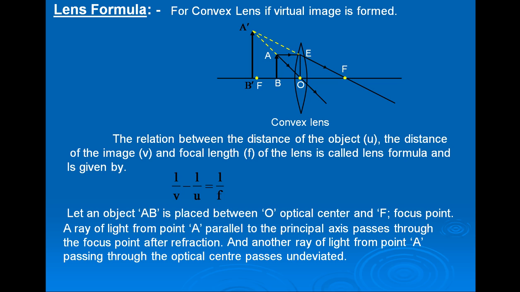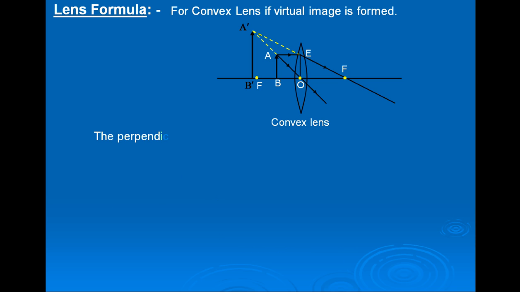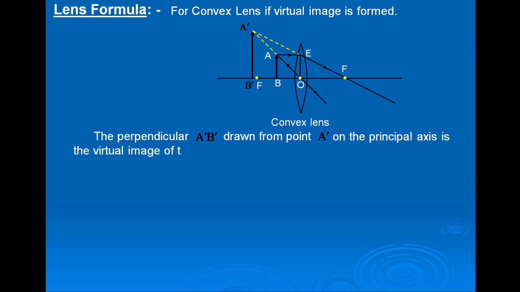Join EO. The perpendicular A dash B dash drawn from point A dash on the principal axis is the virtual image of the object AB.